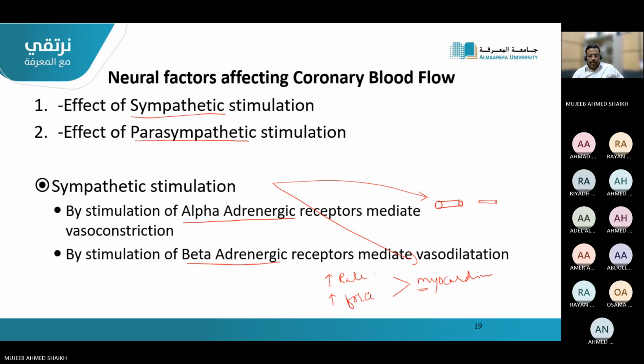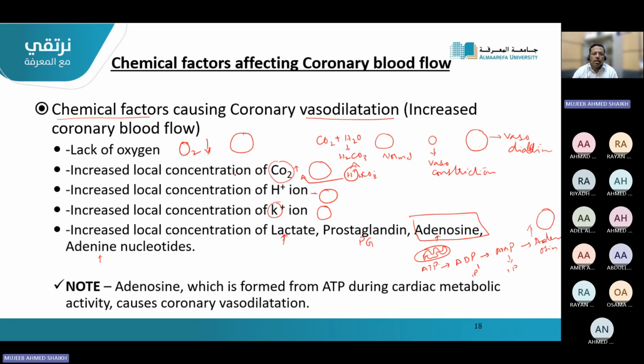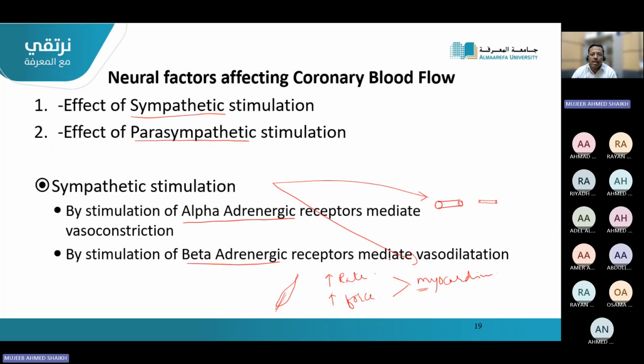Whenever the muscles are contracting and relaxing forcefully, what will happen? There will be decreased oxygen, increased CO2, increased hydrogen, more potassium, more lactate, and more adenosine because of muscle contraction in the myocardium.